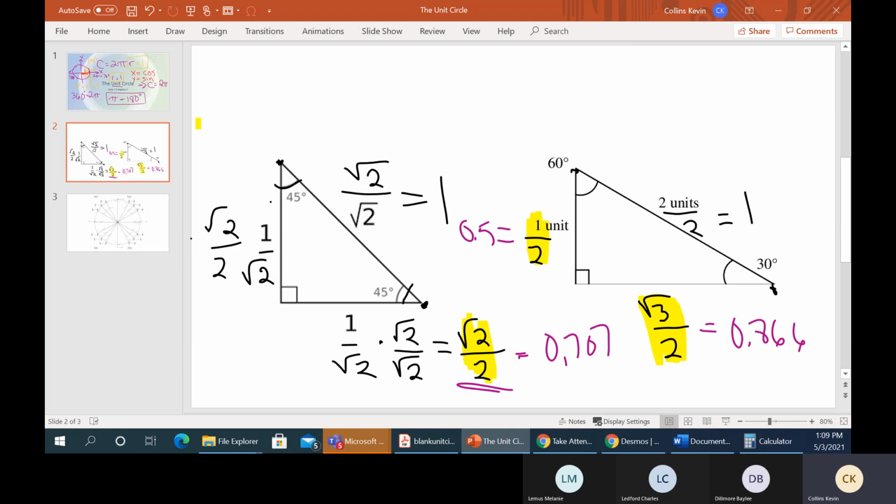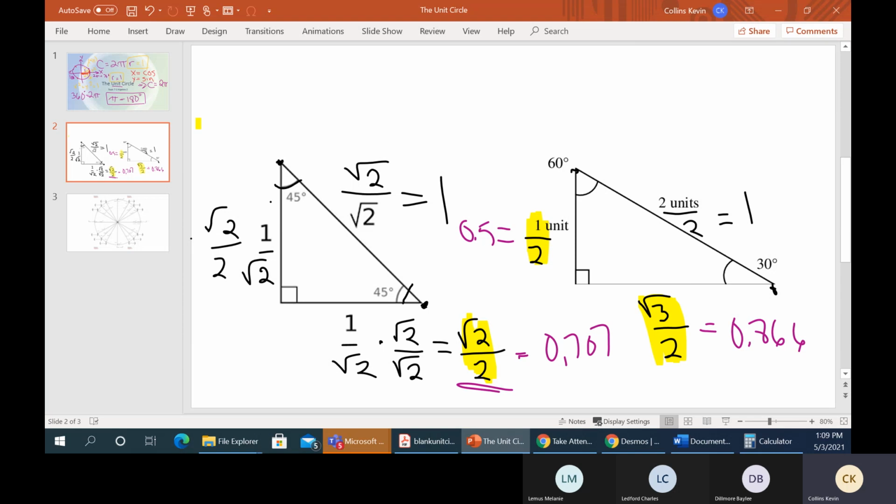So if we do this on your calculator and we get this guy here, then you know that that's the square root of 3 over 2. Okay? So keep those in mind. There's a few other approximations we'll need, but not right now because we're not dealing with tangent just yet. Okay? So this is where we're at.